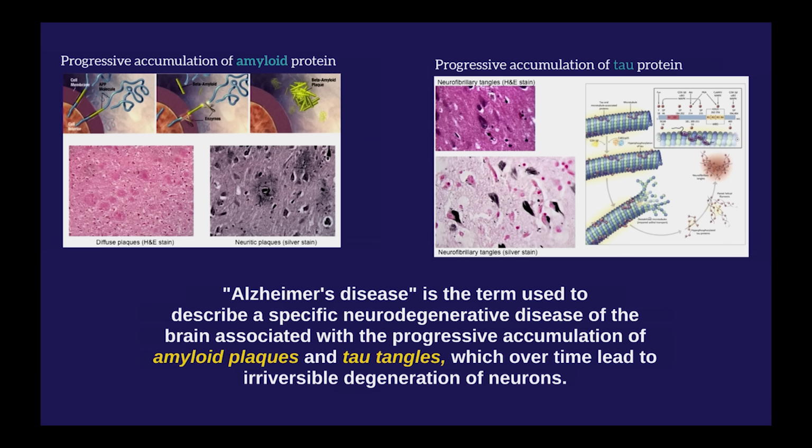So Alzheimer's disease is the term that we use to describe the specific neurodegenerative disease of the brain that is associated with progressive accumulation of these amyloid plaques and the tau tangles that, over time, lead to irreversible degeneration of neurons, meaning that neurons die as time goes by.